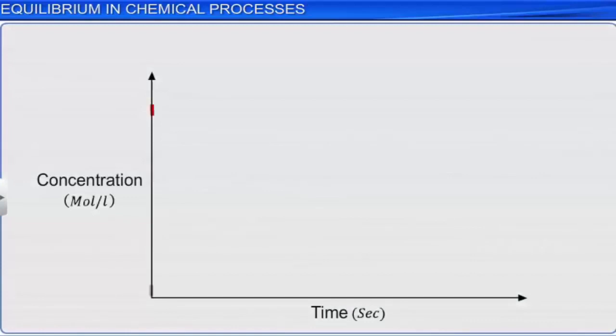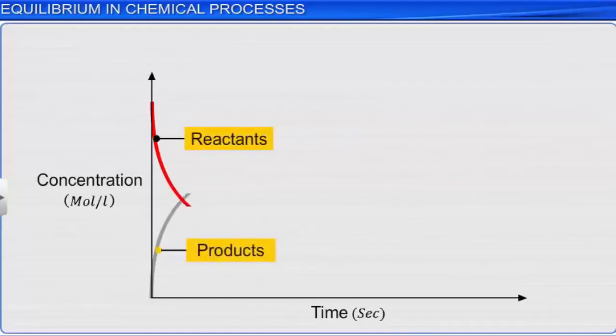If we plot a graph of a reversible reaction, we will notice that the rate of forward reaction is initially high. With the passage of time, the reactants deplete and the products accumulate. This leads to a decrease in the rate of the forward reaction and an increase in the rate of the backward reaction.